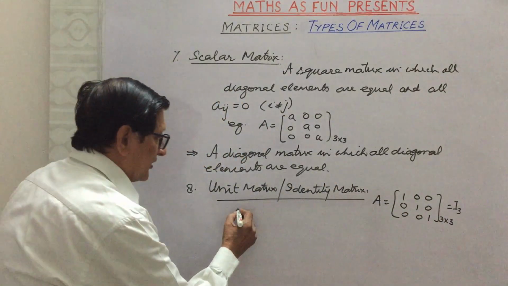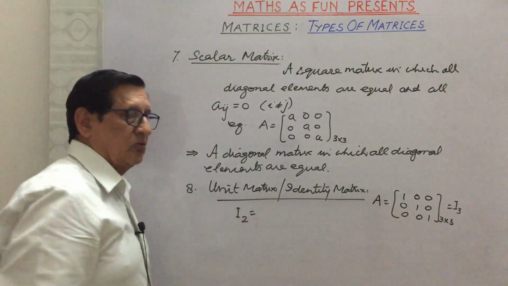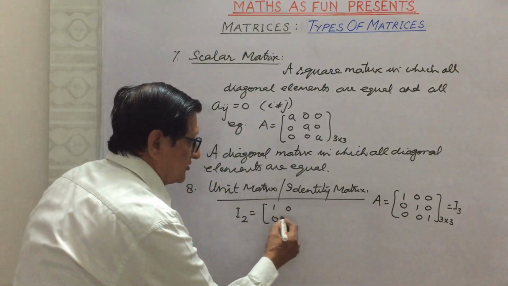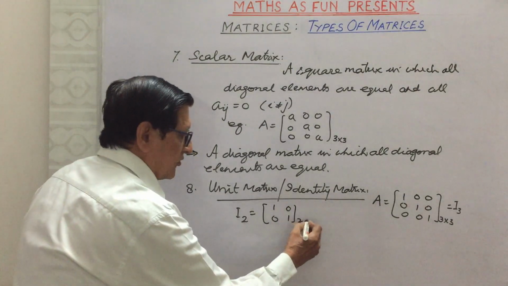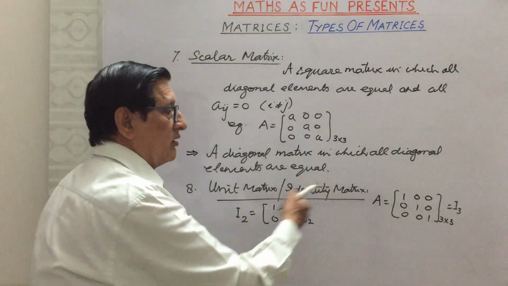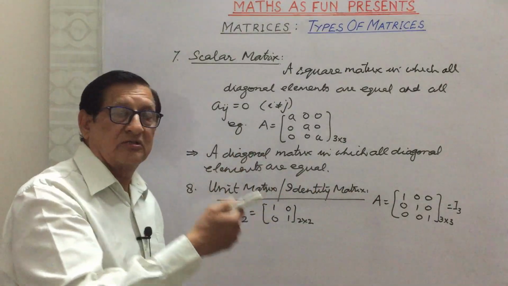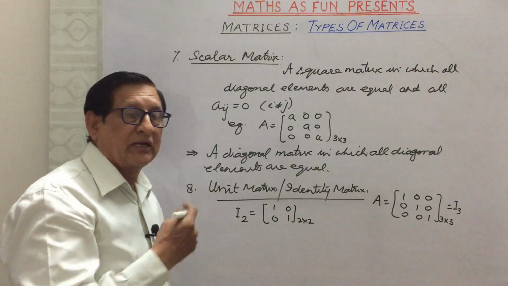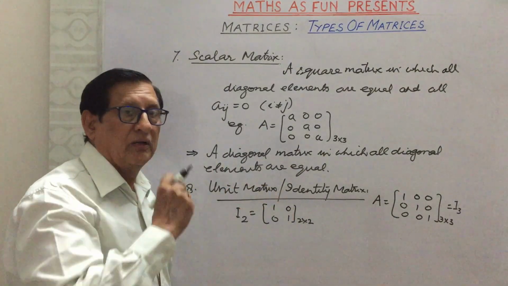If we write another one of order 2 into 2, I2, that will be 1, 0, 0, 1. This is of order 2 into 2. And I2, I3 and all, which identity matrix is to be applied in any of the problem, that is depending on the problem which we have.